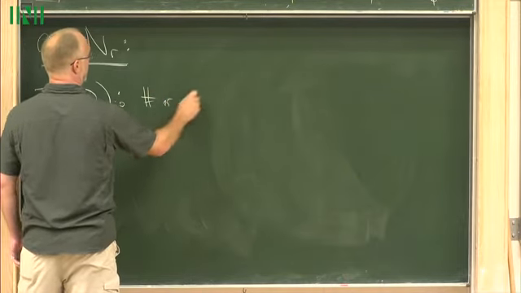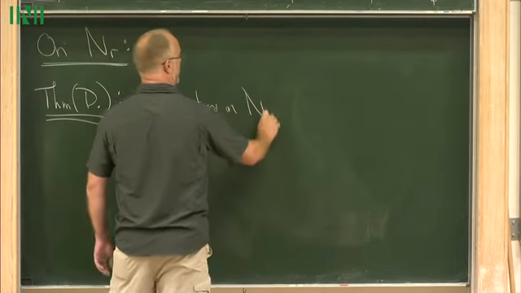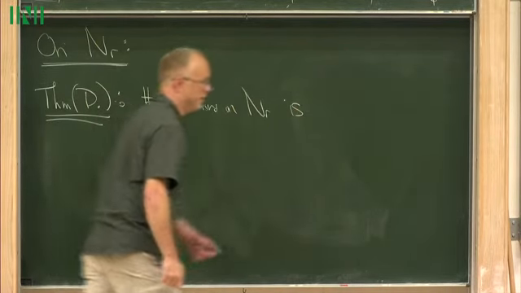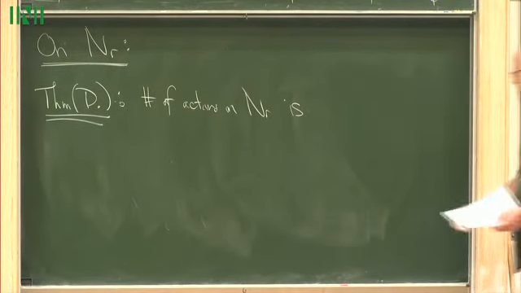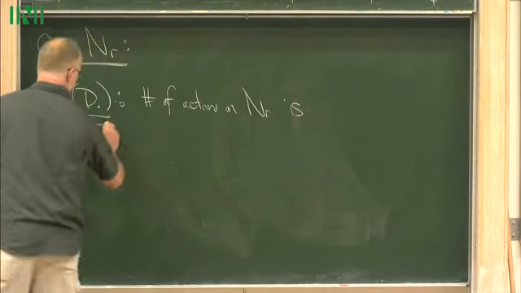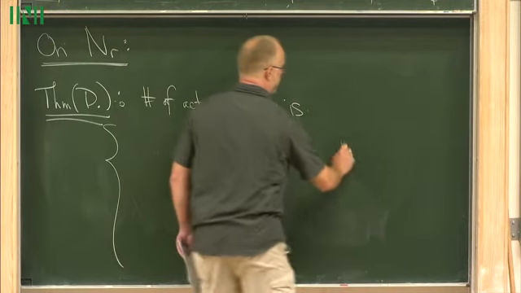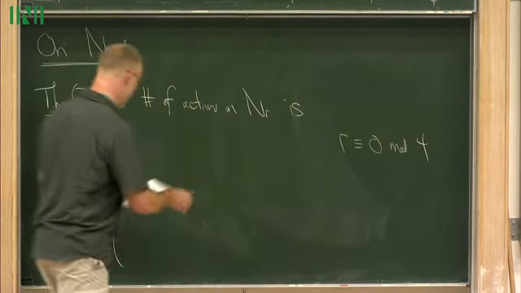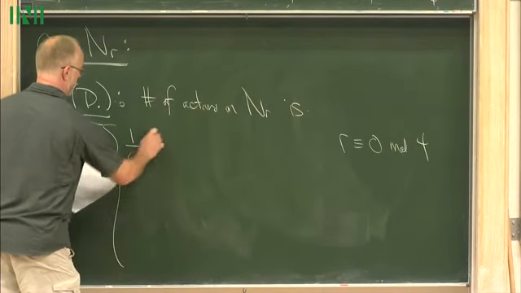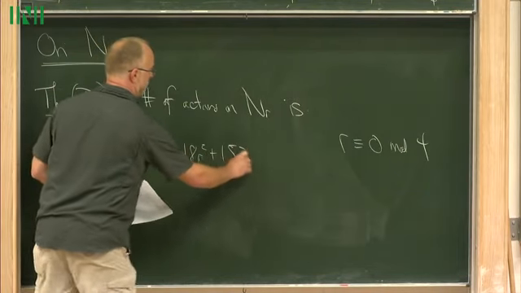So the number of actions on N_R is the following. I have to look it up. There are several cases depending on R mod 4. In the case where R is 0 mod 4, it's 1/64 (r cubed plus 18 r squared plus 152 r).